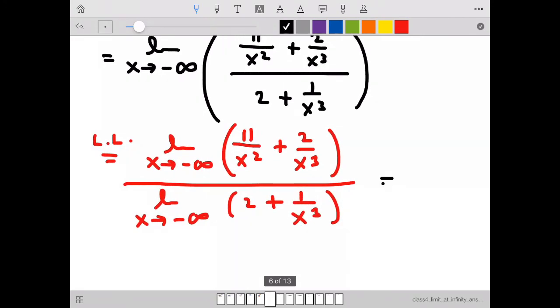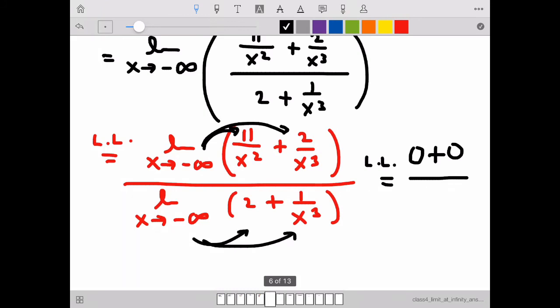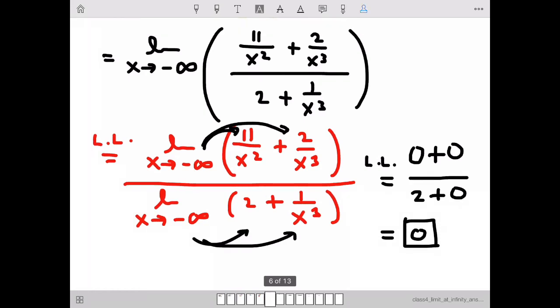So then this is 0. Now each has finite limit. So limit of the sum is sum of the limits. 0 plus 0 over... So here again we are doing limit law, right? Same thing here. 2 plus 0. So we get 0 as the answer. So make sure you justify each step when you solve in the exam or quiz.